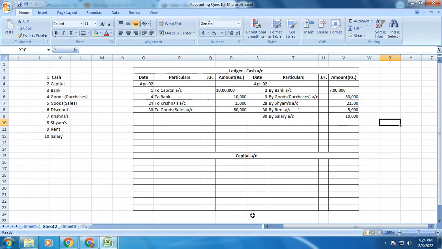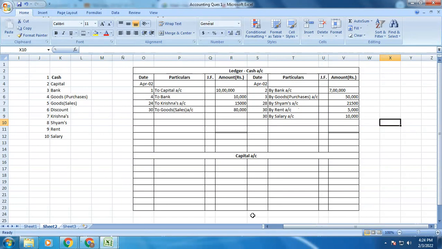Okay, so this finishes all the transactions we had in the journal, and we have picked out all of them which involved either debit of cash or credit of cash, and we have recorded them in the respective sides on the cash account. Okay, now the process after this is known as balancing the account.